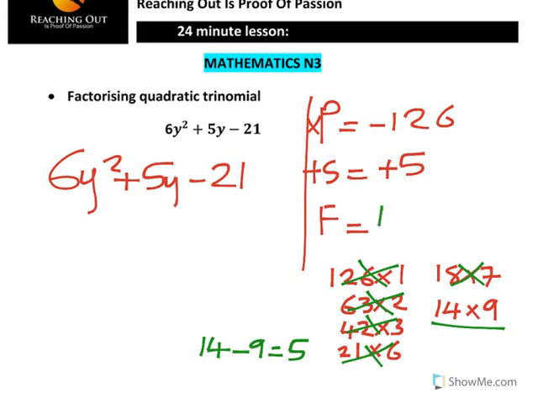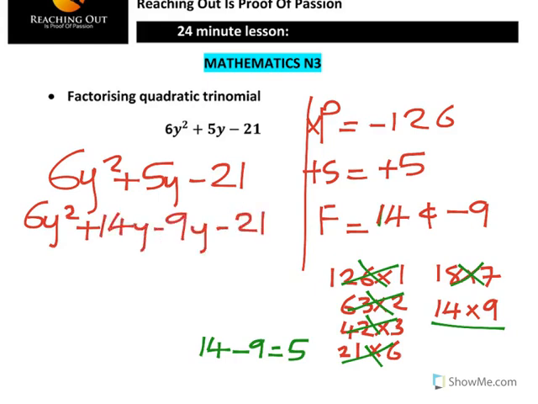Hence, the factors are 14, and I use a red pen, is 14, and minus 9. So I'm going to rewrite this as 6y squared plus 14y minus 9y minus 21. What's common in the first two, between 6y squared and 14y, is 2y.